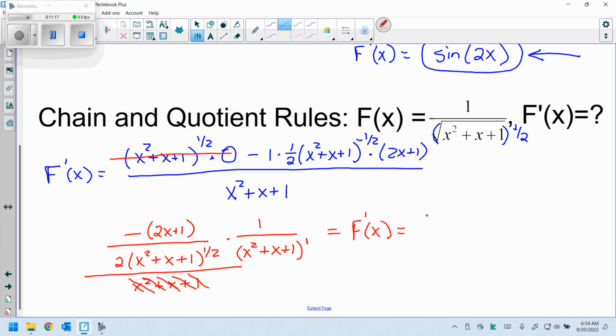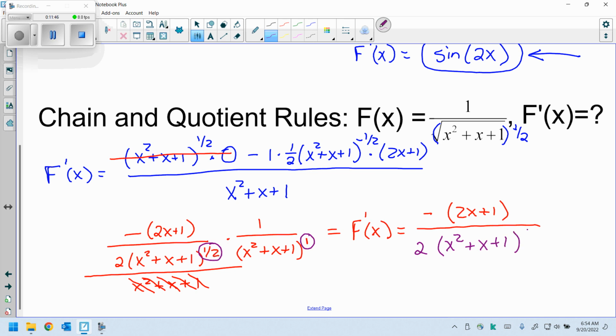I've got a top, which is the opposite, 2x plus 1. And on the bottom, what am I going to do with these exponents when I multiply these guys together? I think we'll have a 2 down there. I think we'll have this x squared plus x plus 1.